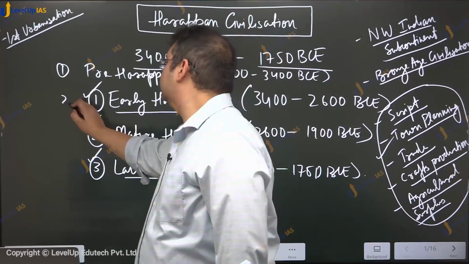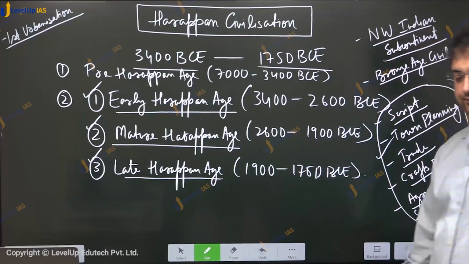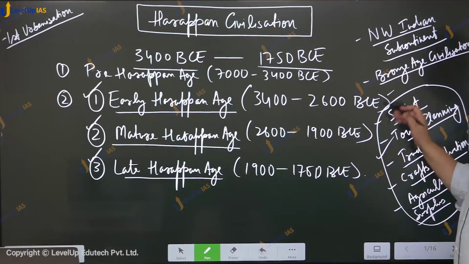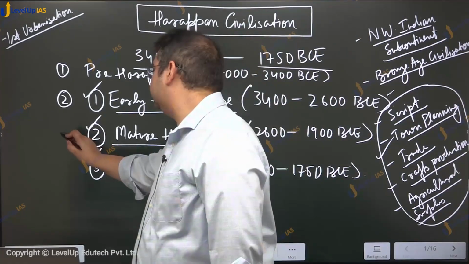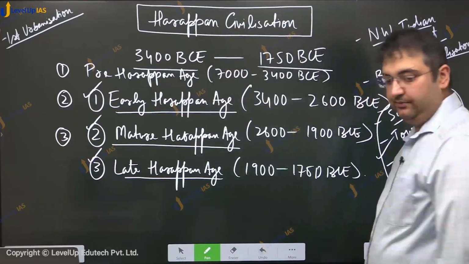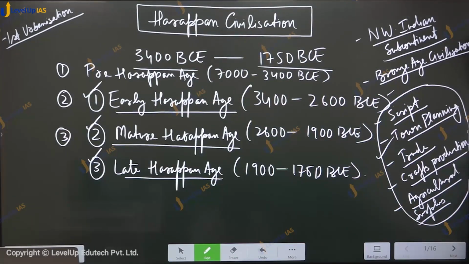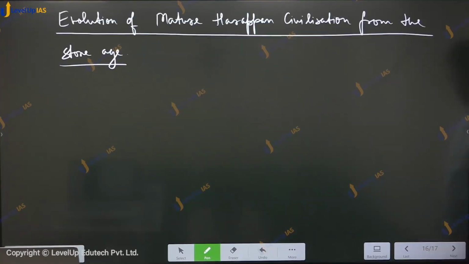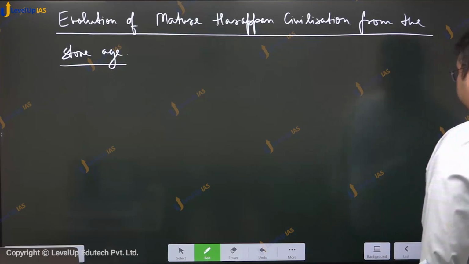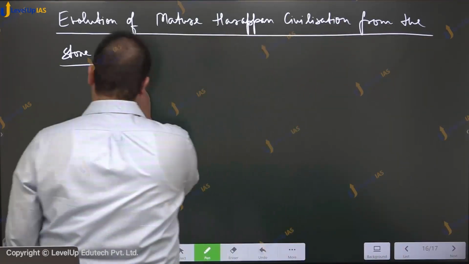Number 2, early Harappan age, 3200 to 2600 BC. And number 3, mature Harappan age, 2600 to 1900 BC. Give the first heading, pre-Harappan age.